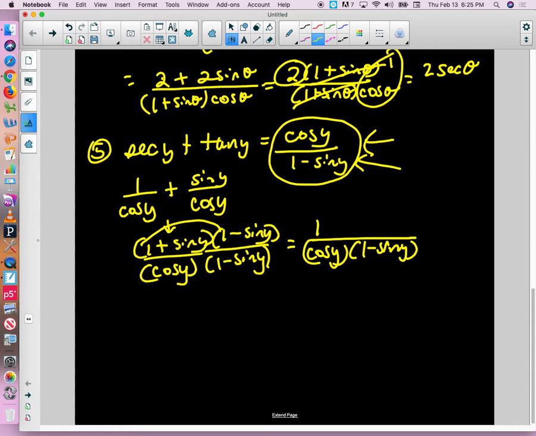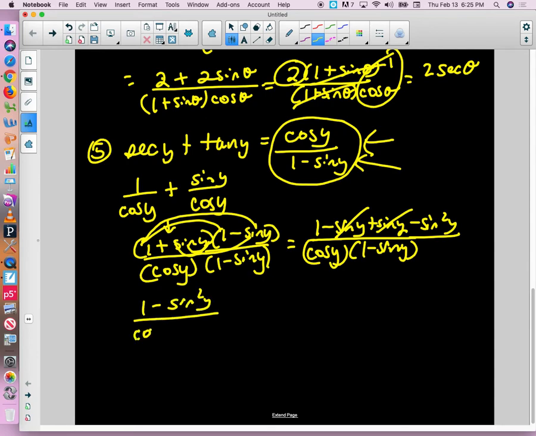That gives me 1. That gives me negative sine y. It gives me positive sine y minus sine squared. These cancel. And what I have left is 1 minus sine squared y over this bottom thing. Okay, so on your memo page you have sine squared plus cosine squared equals 1.